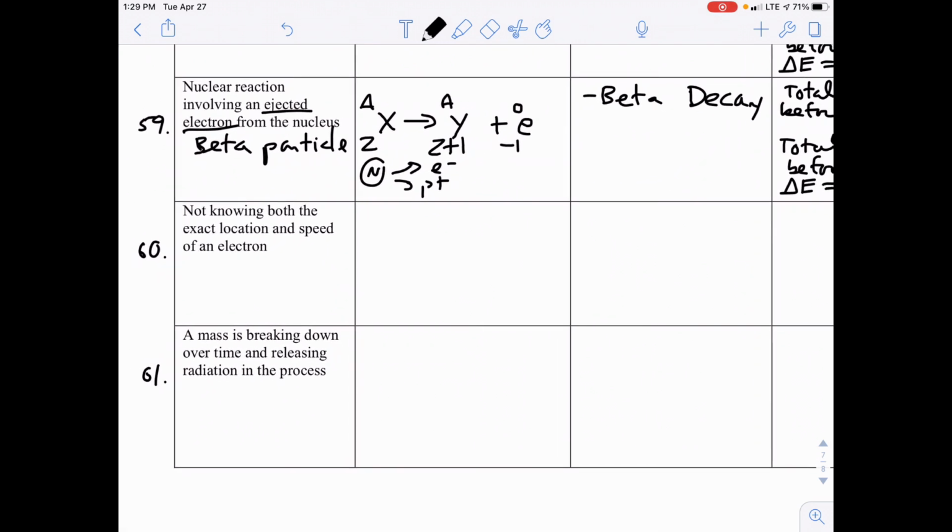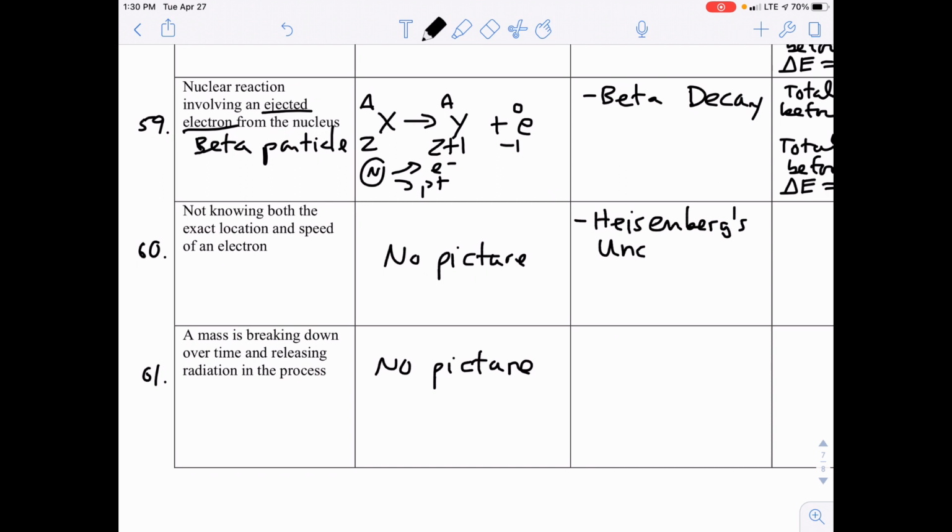Now, number 60 and 61 really don't have a picture associated with them, so I'm not going to focus on that so much. But in number 60, it says not knowing both the exact location and the speed of the electron. This is referred to as Heisenberg's uncertainty principle. And it means simply that.